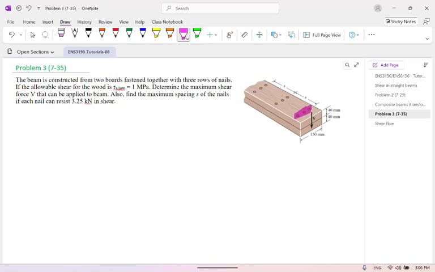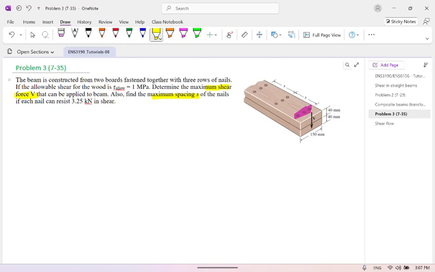So if the allowable shear for the wood, tau allowable, is 1 megapascal, determine the maximum shear force V that can be applied to the beam. Also, find the maximum spacing S of the nails if each nail can resist 3.25 kilonewton in shear.